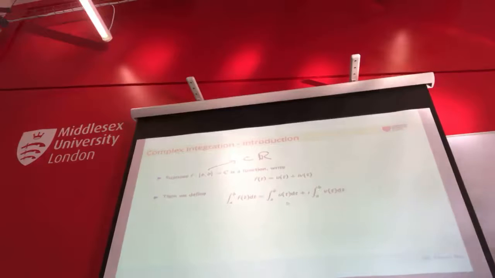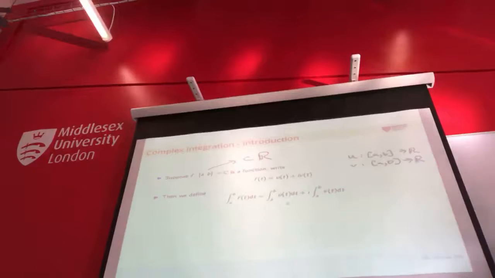So suppose f of t can be written as u plus iv of t, and these are then functions. So u is a function from [a, b] to the reals, and v is also a function from [a, b] to the reals. So they're just real valued functions, basically normal functions.